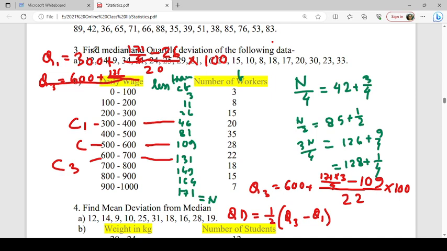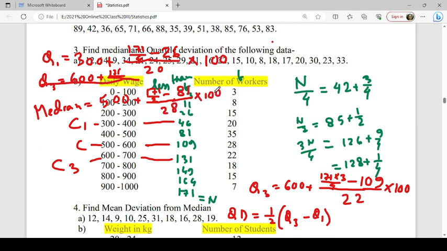So find the mean, median and quartile deviation. The quartile deviation you have got, and the median is from this data again. The median is equal to the lower limit of C, 500, plus n by 2, 171 by 2, minus capital F, 81, divided by the corresponding frequency, 28, into 100.